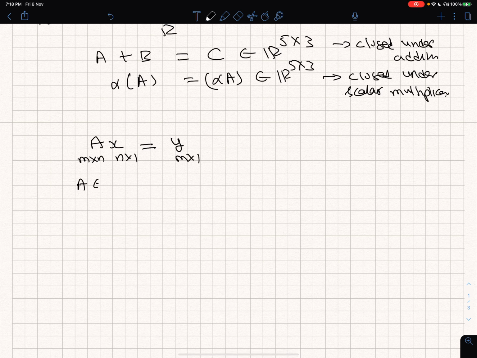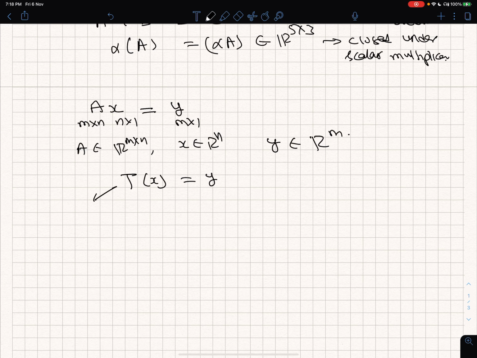So A is a real m cross n matrix, x is a vector n cross 1, and y is a vector in Rm. So I can look at this pre-multiplication as a transformation of x vector to a y, and this transformation I call a linear transformation.